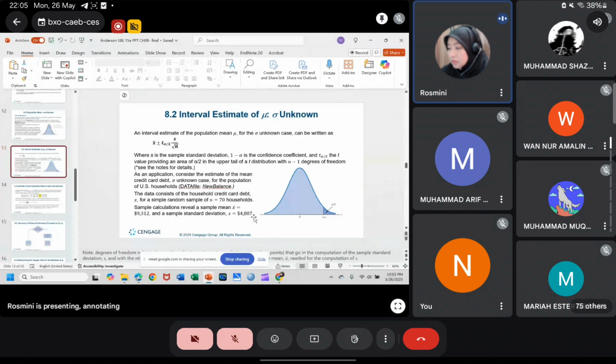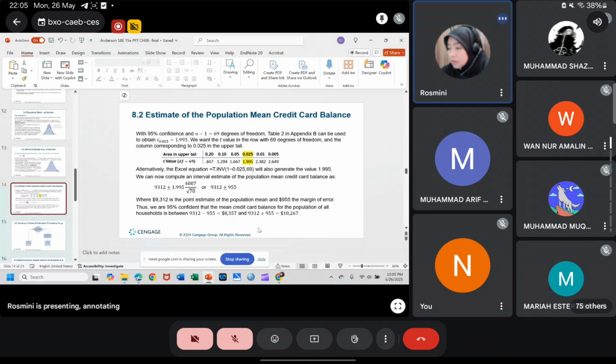Okay, we have the X bar of 9312, plus minus 1.995, which is this one here, times this one here. You should get 9312 plus minus 955.